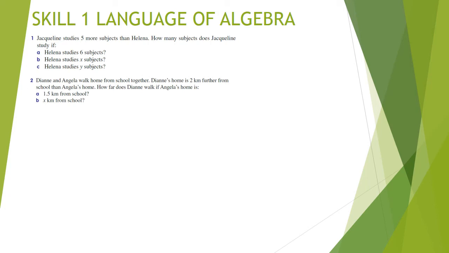Continuing with skill 1, we've got some worded questions. Jacqueline studies 5 more subjects than Helena. How many subjects does Jacqueline study if Helena studies 6 subjects, X subjects, or Y subjects? So let's think about this. Jacqueline is always 5 more than Helena.